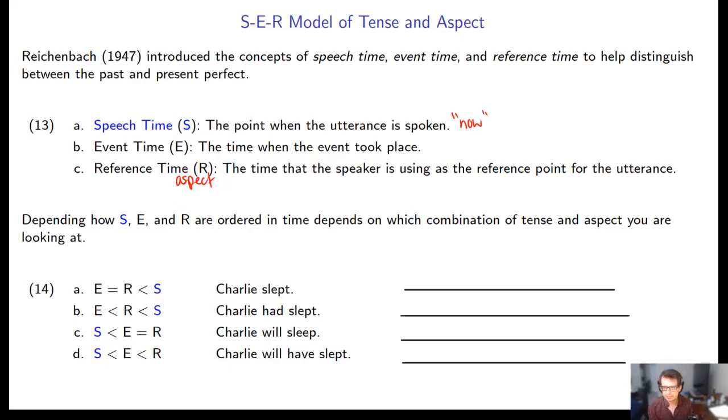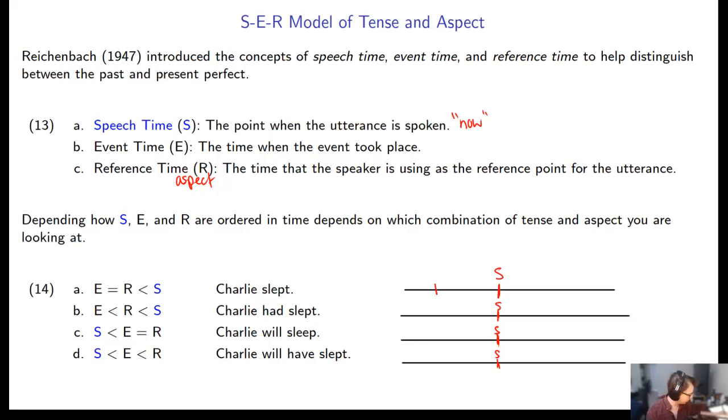Imagine we have the sentence, Charlie slept. This is the point in time that we're speaking, S. Let's put S in the middle for each of these sentences to be consistent. With Charlie slept, this is just a simple sentence in the past.